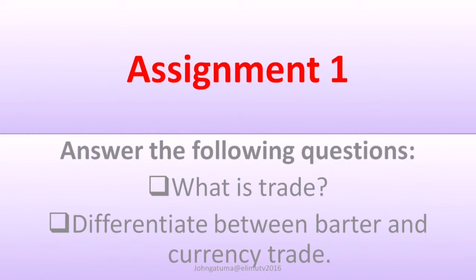Question 2 was, differentiate between barter and currency trade. The difference is, as you were able to discuss these two methods of trade, we said that barter trade is where there is an exchange of a good with another good.